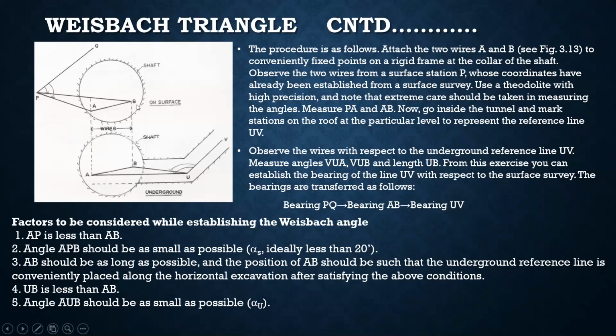There are props which are directing towards the middle of the shaft, and they are hung from those collars. Now you can see there are 2 wires hanging from the top to bottom.